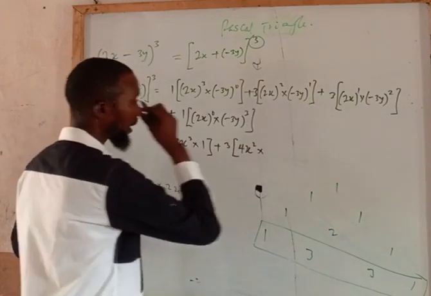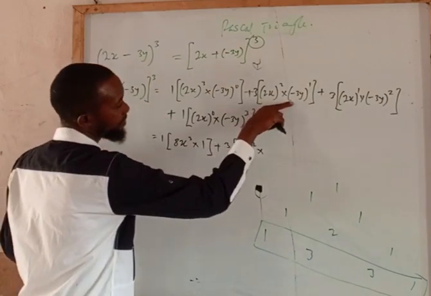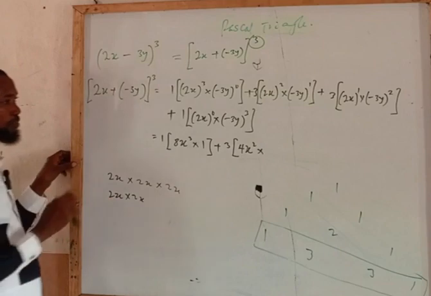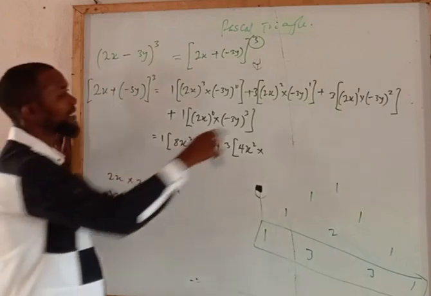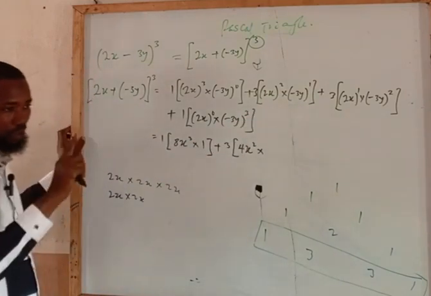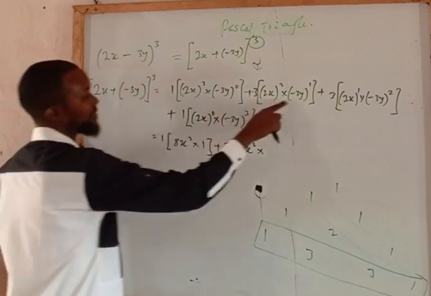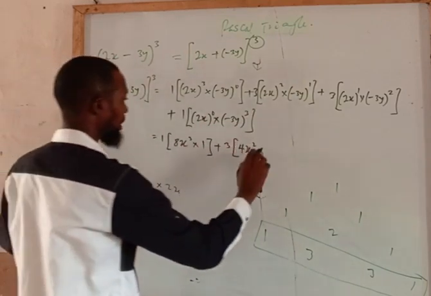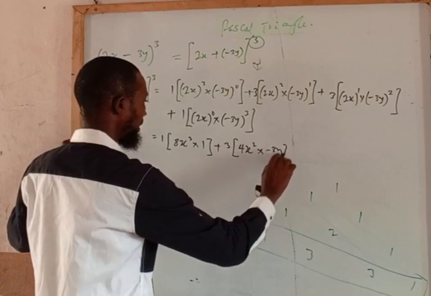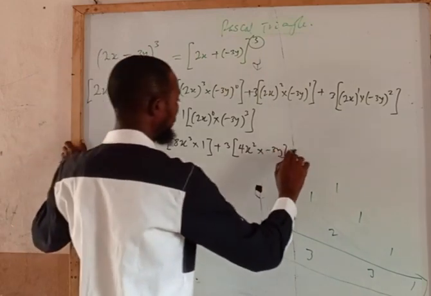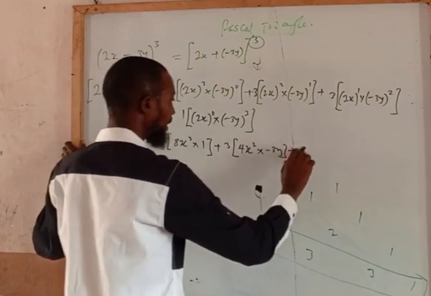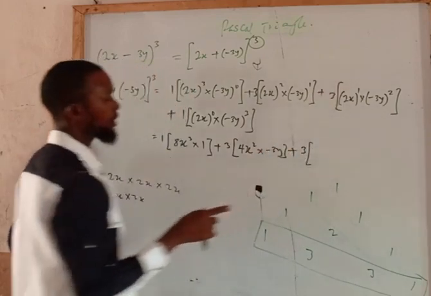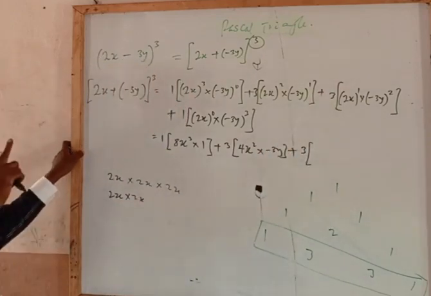Then multiply by, what we have here is minus 3y, everything in this bracket raised to power 1. That means the item in this bracket should be written just one time. So minus 3y raised to power 1 gives minus 3y. So that will be multiplied by minus 3y, then plus my 3 into 2x raised to the power 1, which means 2x will be written once.